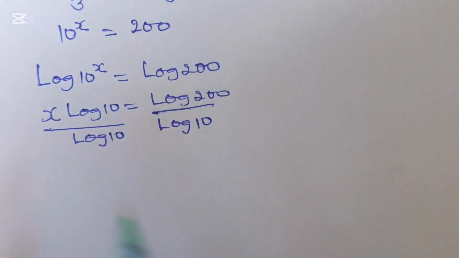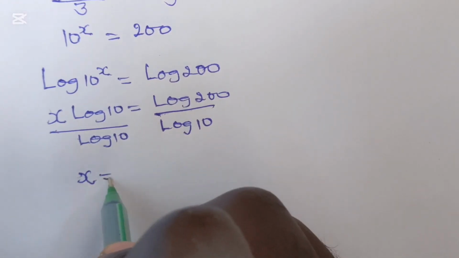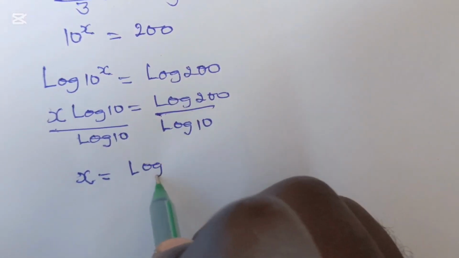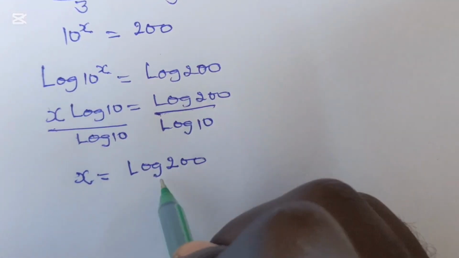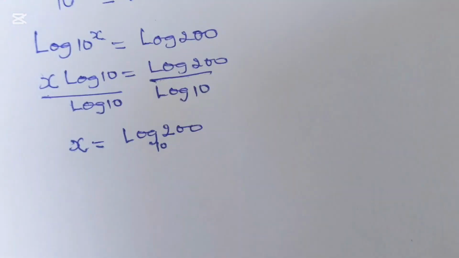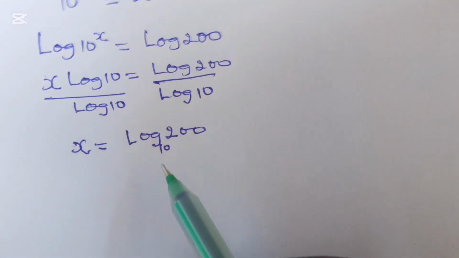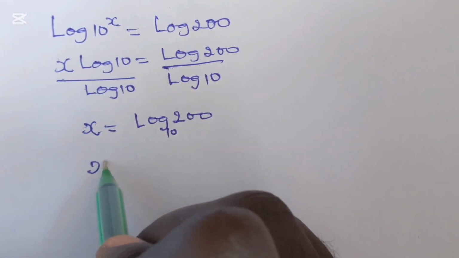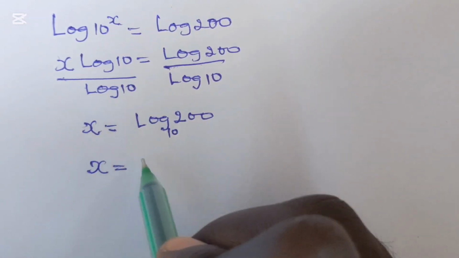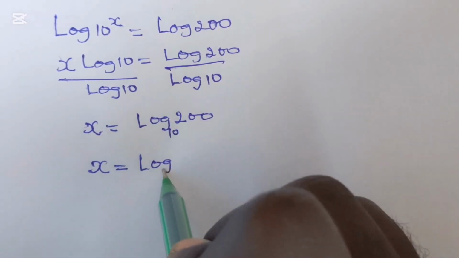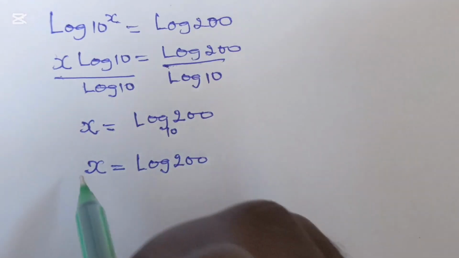Okay, this will provide x to be equal to logarithm of 200 to the base 10. Always we have 10 here. This is the same as writing x equal to logarithm of 200.